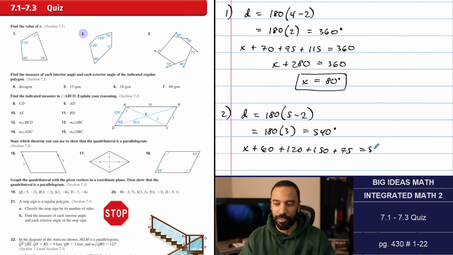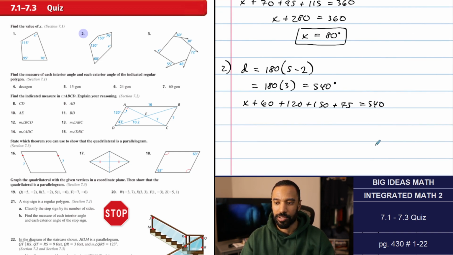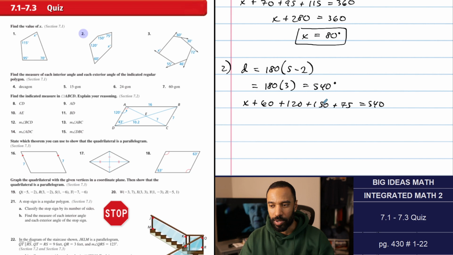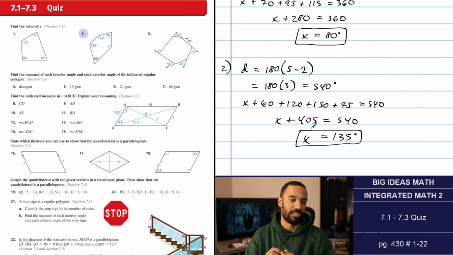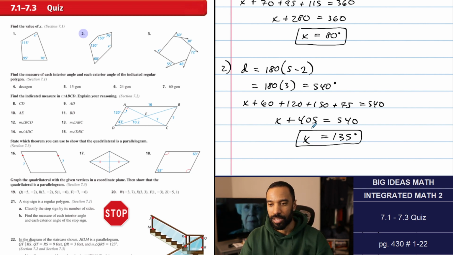This will add up to 540 degrees. 60 plus 120 is 180, plus 150 is 330, plus 75 is 405. x plus 405 is 540. Subtract 405 and you will get x equals 135 degrees. That's obtuse enough for me to be convinced that that is the correct answer.